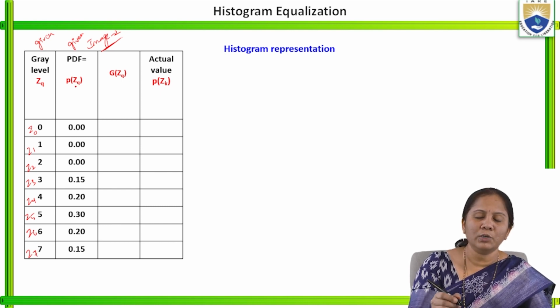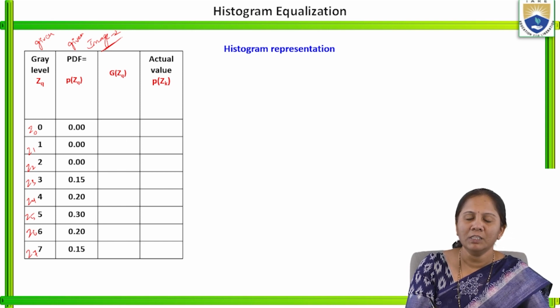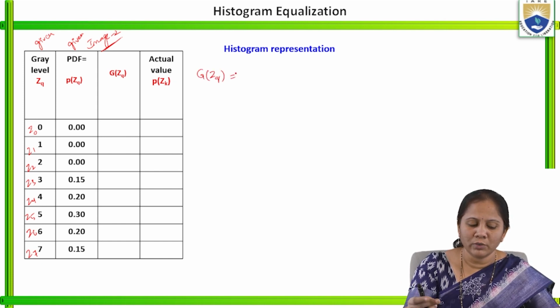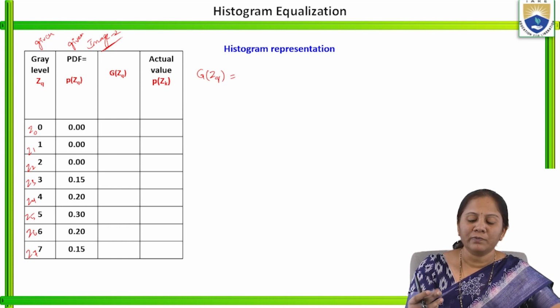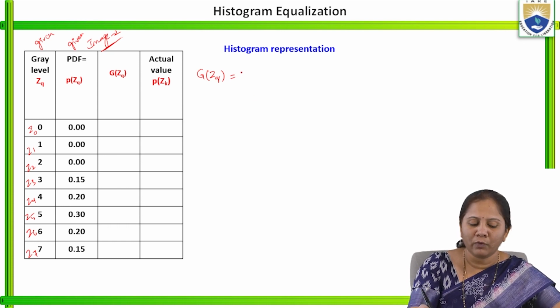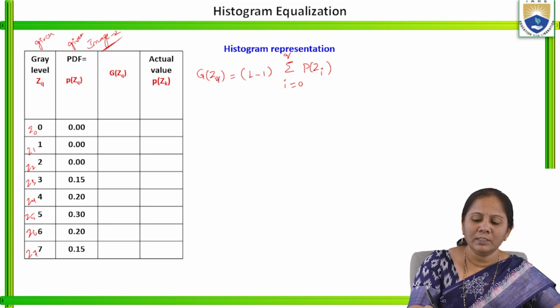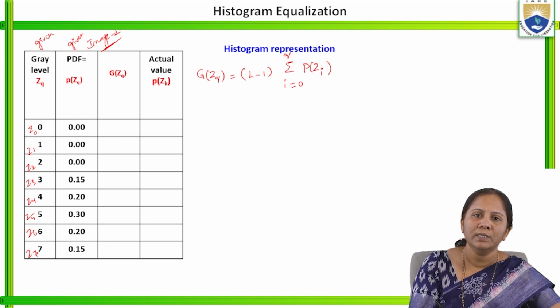So considering this ZQ and P of ZQ, we have to find the value of G of ZQ. In order to calculate the transfer function G of ZQ, we have the formula: G of ZQ is equal to L minus 1 times sigma i equals 0 to Q of P of Zi. Here Q ranges from 0 to 7.